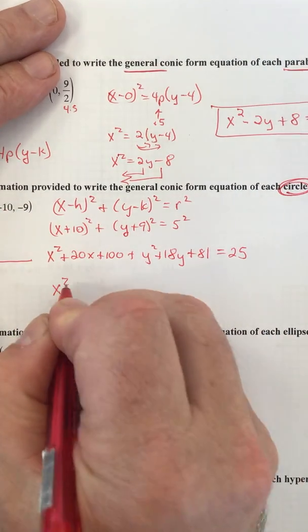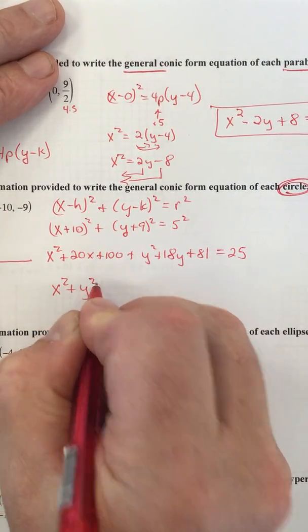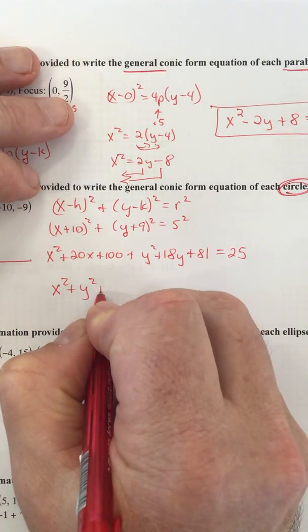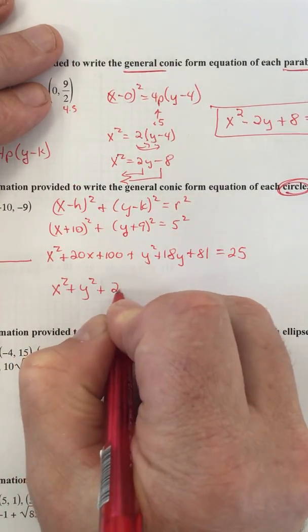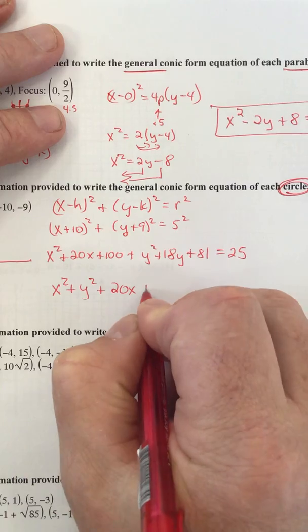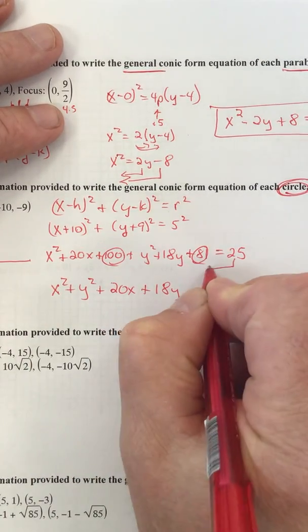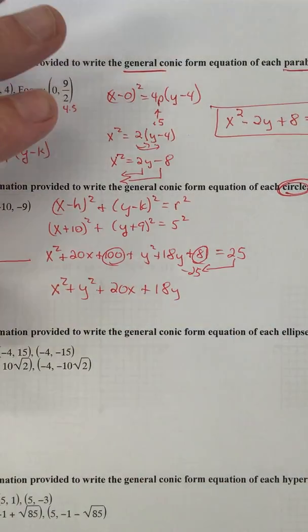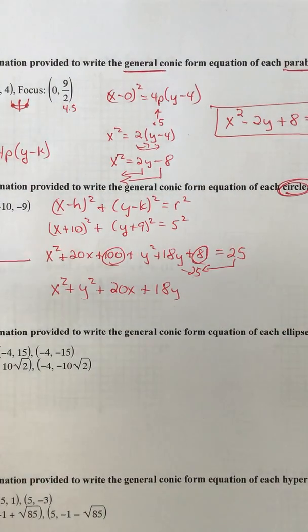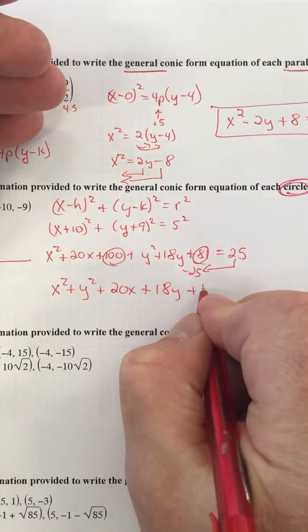So x squared, the next highest power, alphabetical, is y squared. The next highest power is a first, alphabetical, so we'll do the x next, and then the y next. And then I've got 100 plus 81 minus 25. 181 minus 25 is 156.